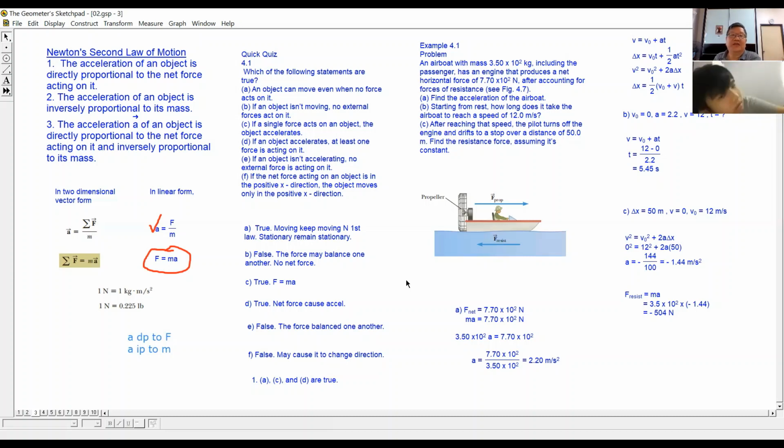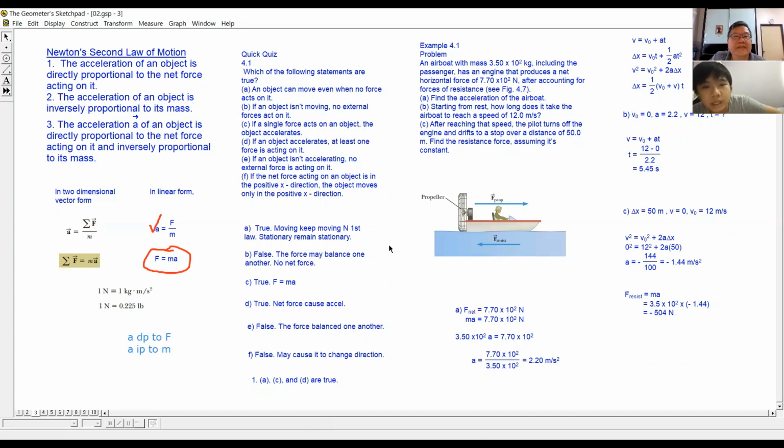Something must be pushing it, right? So at least one, it can be more than one, but no need to confuse yourself with many forces. Just think of one or two forces, enough for you. So if there's acceleration, there is force. D is true.